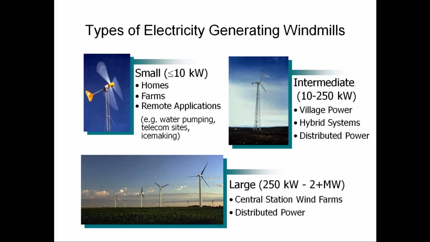So there are three categories of electricity generating windmills: small, medium and large, depending on the power they can generate.